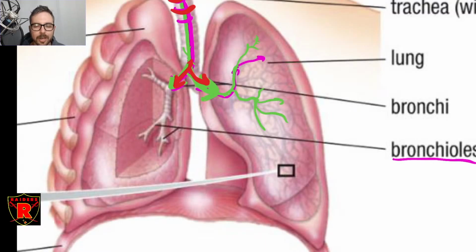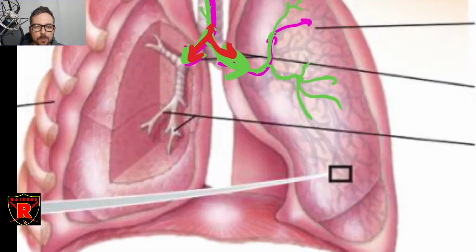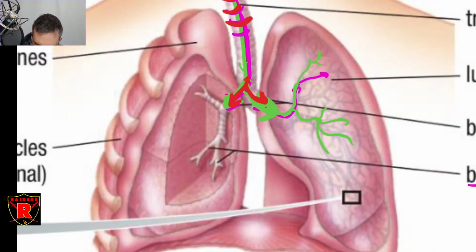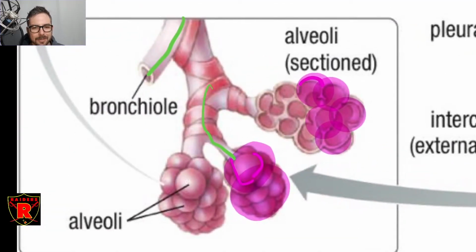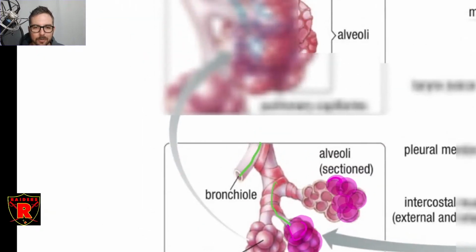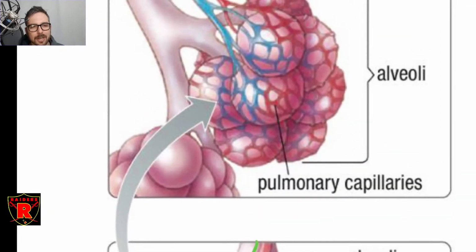You technically have two bronchi, a left and a right, one going into each lung, and then the bronchi start splitting into smaller and smaller vessels. These are the bronchioles, by the way. Bronchioles split into smaller bronchioles, which split into smaller bronchioles, until they get to the smallest size, and then that branches out into alveolar sacs at the end. You have these little sacs, and that's where all of the blood vessels are running on the outside of those sacs for gas exchange.